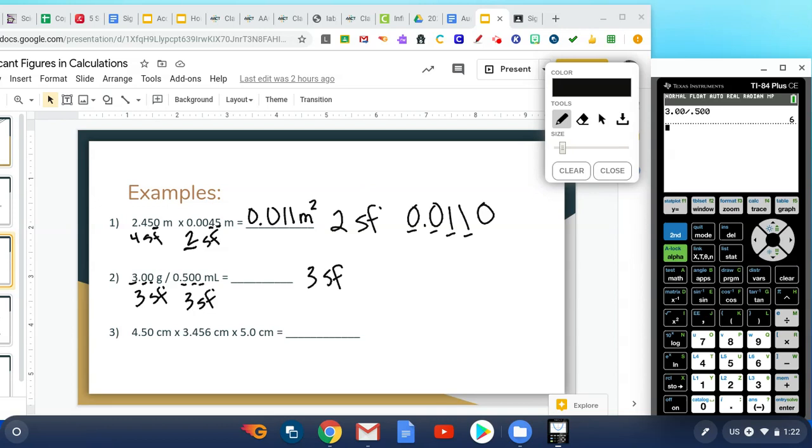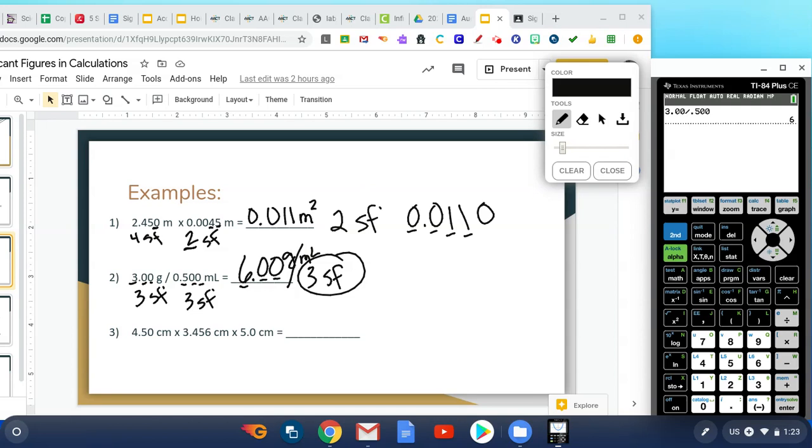And that gives me an answer of 6. Well, what happens if you've got an answer of 6, but you're supposed to have 3 significant figures? You add a decimal place and 2 zeros afterwards. Now you have 3 significant figures. So basically, your measurement needed to be that specific. Now I have grams divided by milliliters. Those do not cancel out, so it is grams over milliliters as my unit.